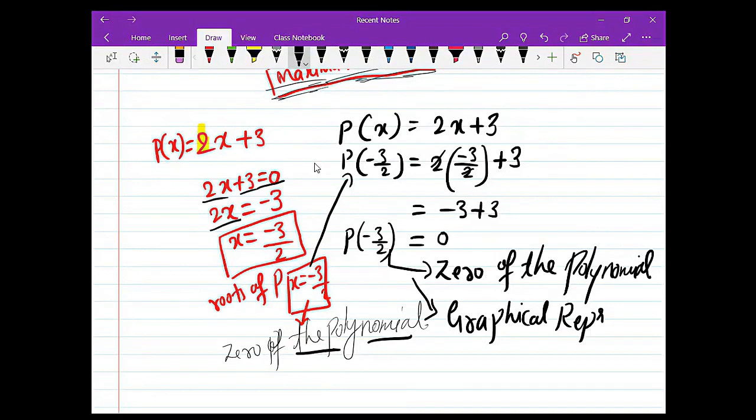After transposing this plus 3 to the right side, we get minus 3, so x equal to minus 3 by 2. So the root of the polynomial is x equal to minus 3 by 2, and that is the zero of the polynomial. Why do we call this root a zero of the polynomial? Because after putting this x value in the polynomial as the variable x, we get the value of the polynomial as 0. That's why we call it a zero of the polynomial.